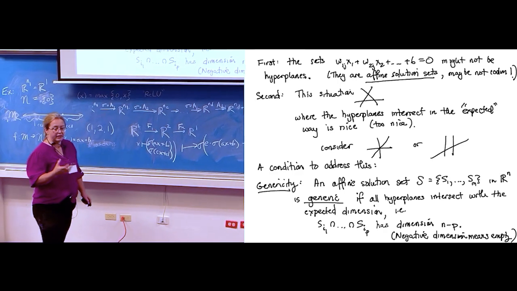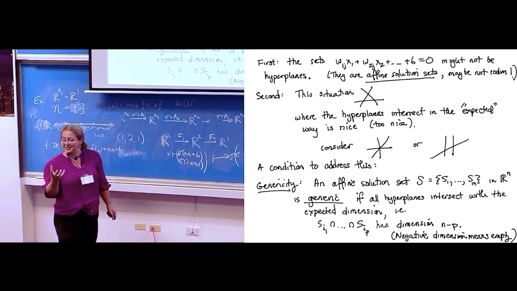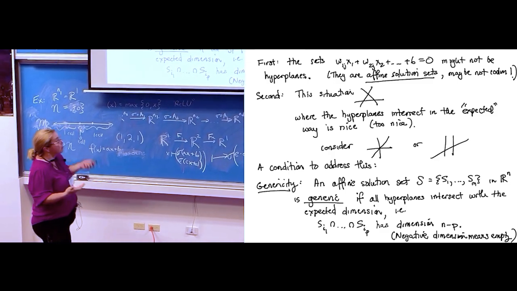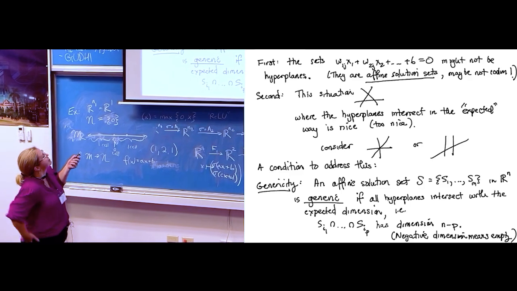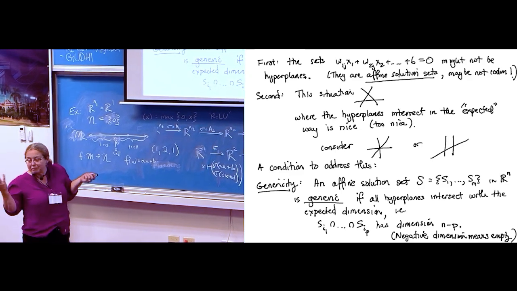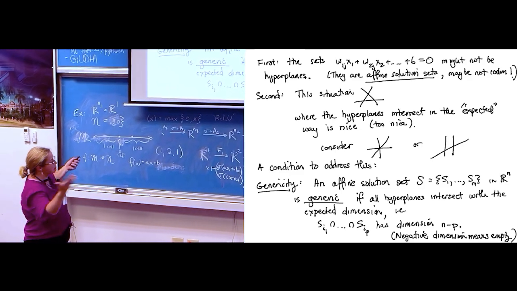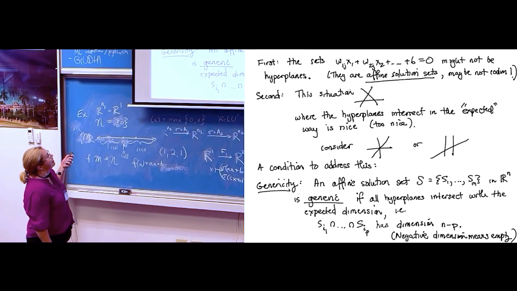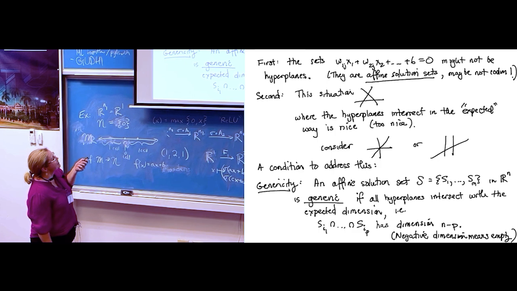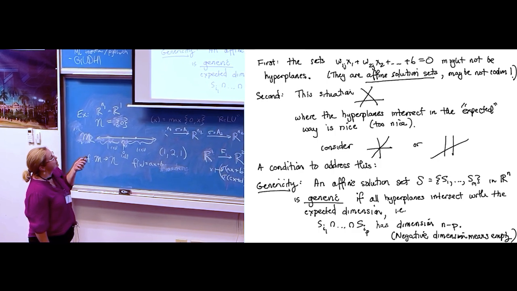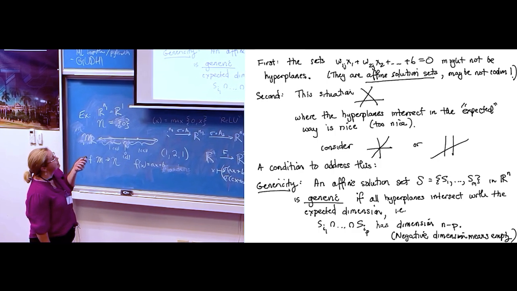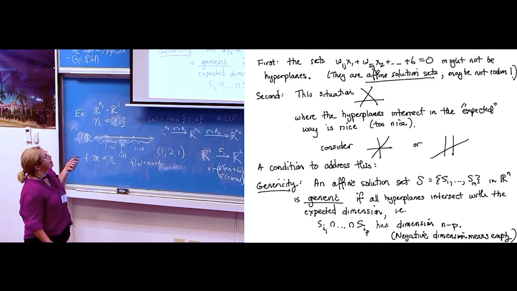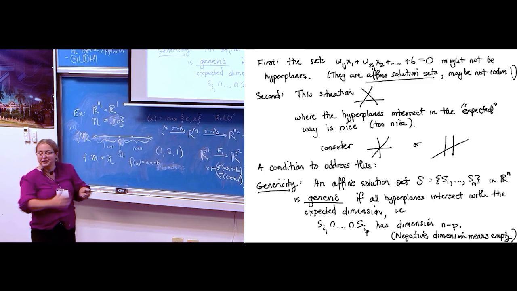The distinction being the dimension of the set. It could be that it has the right dimension, which is 1 lower, or it could be something else. So that's something bad that messes up this nice picture. Another bad thing is this situation that I drew in the example, our R2 to R3 example. It had 3 hyperplanes in 2-dimensional space, and they were arranged the way you expect.